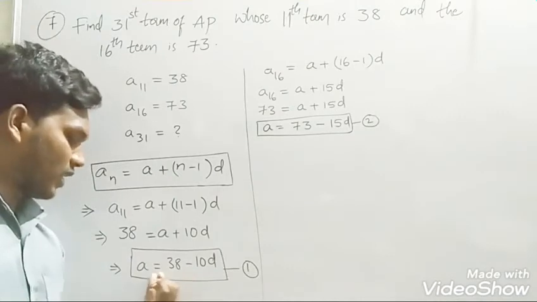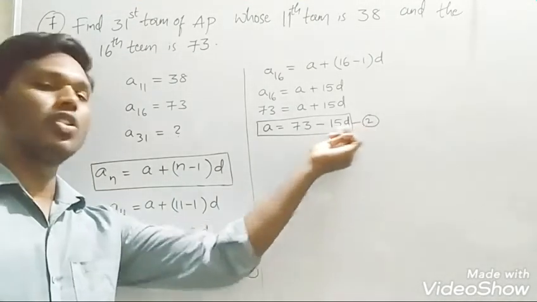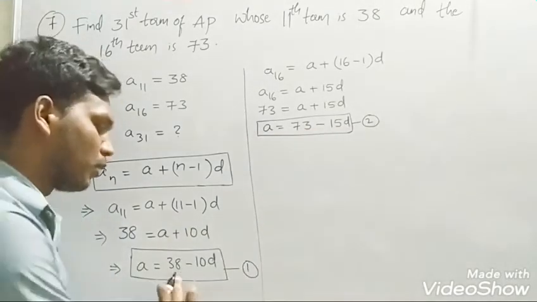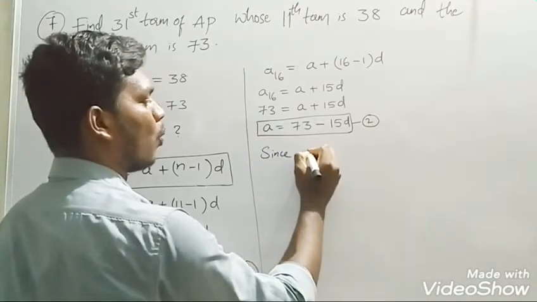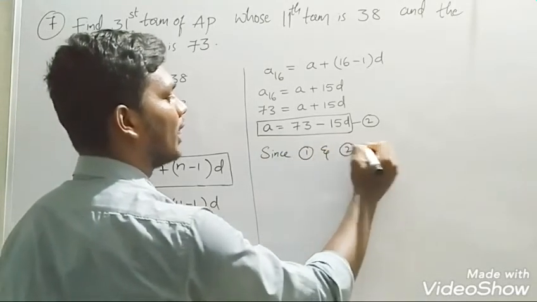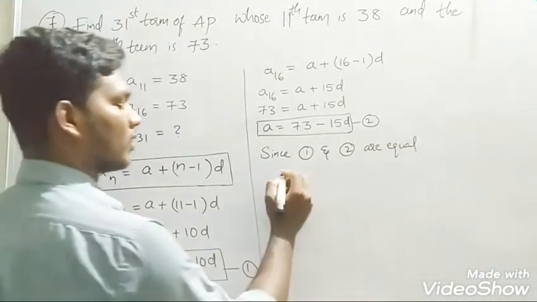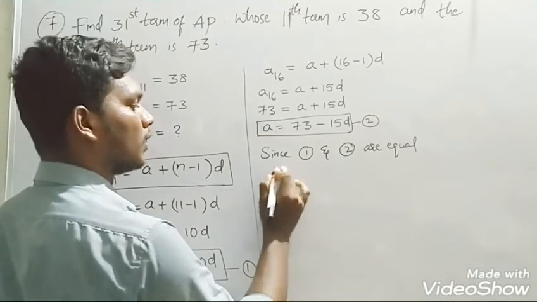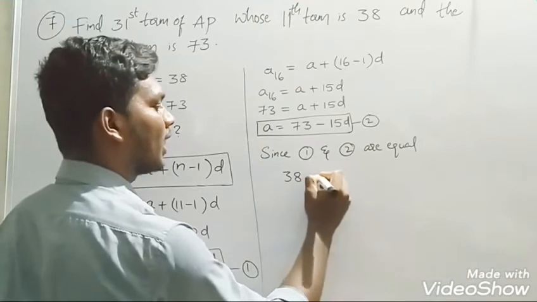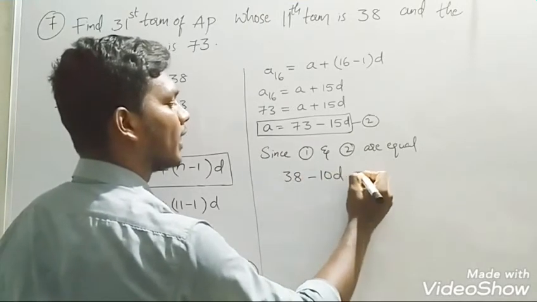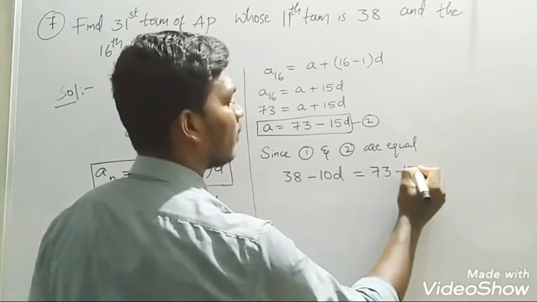Here a is equal to some value in equation 1, and in equation 2 a is also equal to some value, so both are equal. Since 1 and 2 are equal, now equate. 38 minus 10d is equal to 73 minus 15d.